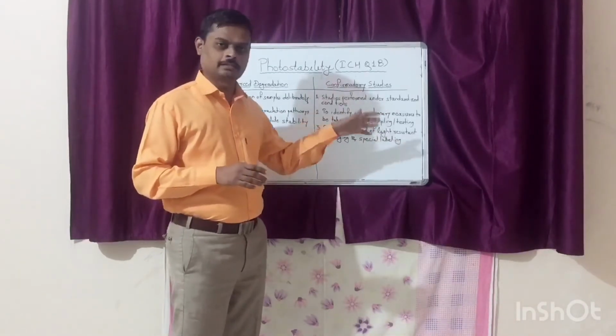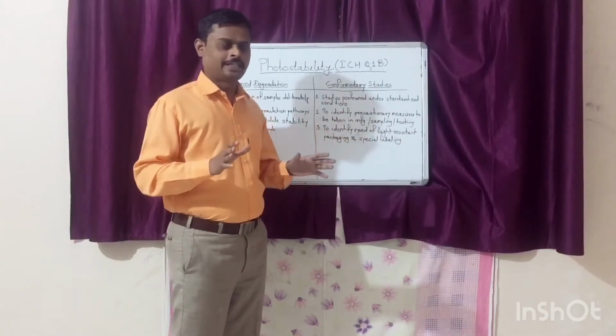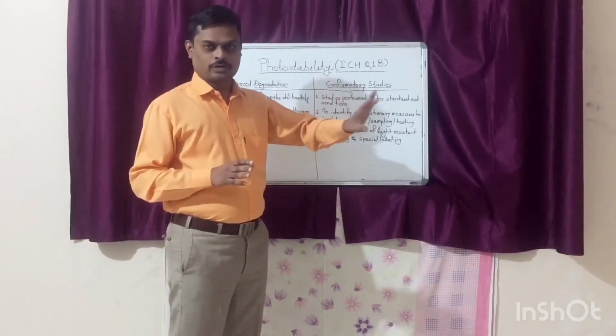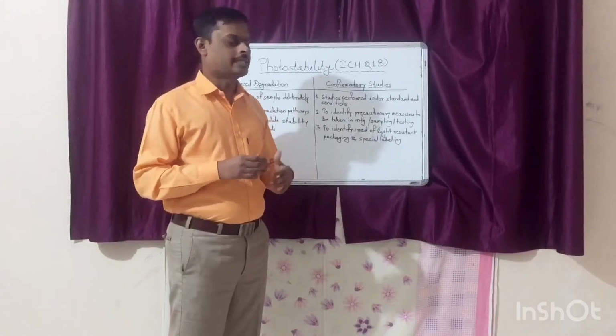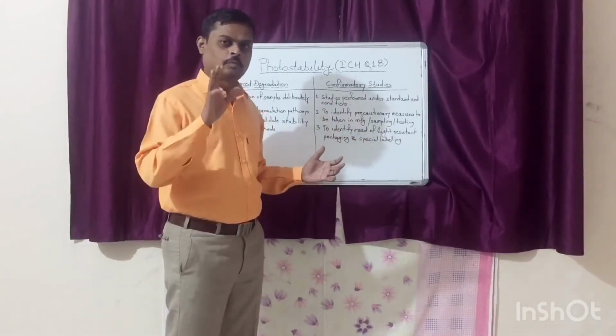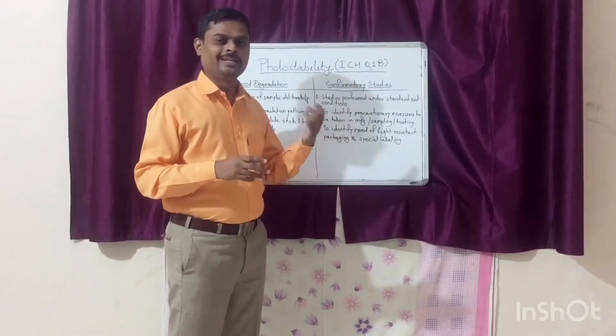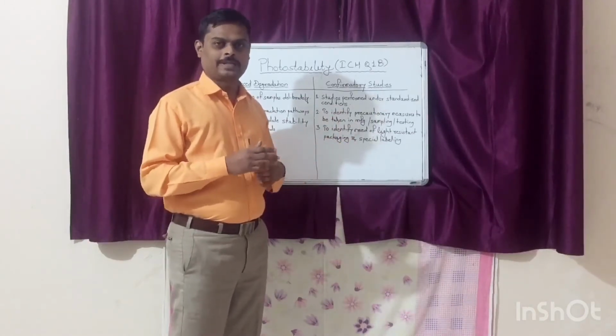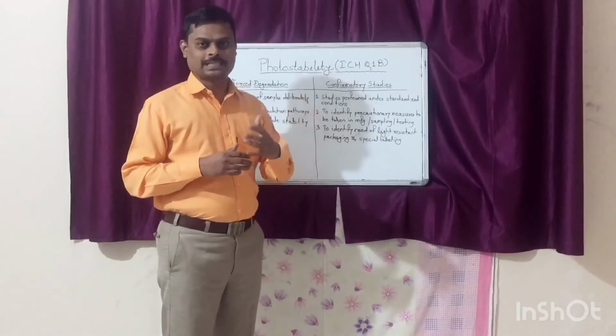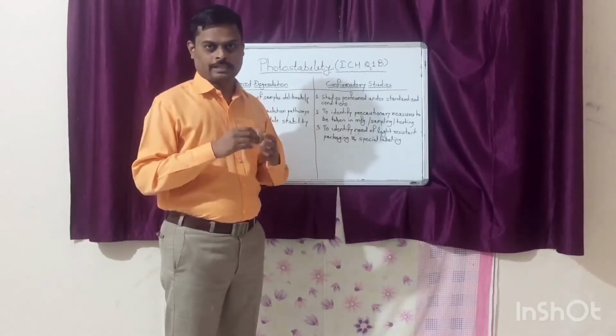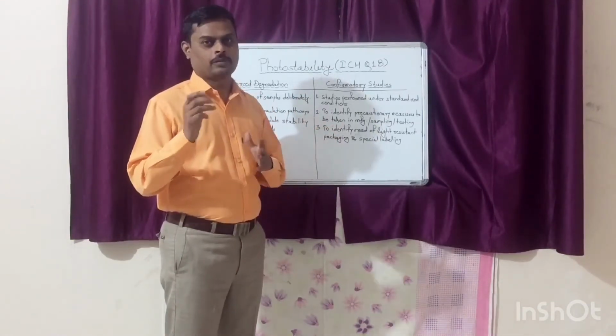After setting those values, you can keep the samples in the photostability chamber, and after achieving the desired conditions, the chamber will automatically produce an alarm which will indicate that the samples have been exposed to 1.2 million lux hours and 200 watt hours per square meter.